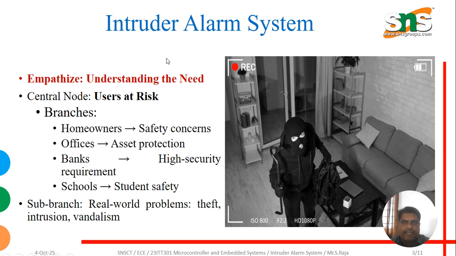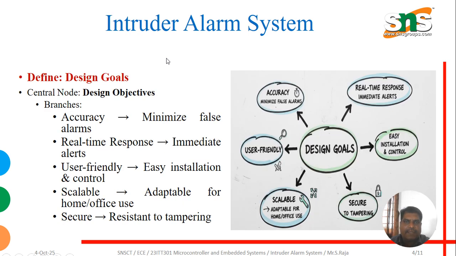Next, once you understand the need, we have to fix our goals. That is given by the define phase. Define means it provides our exact goal for that problem. We need to improve accuracy by minimizing false alarms, and it must be user friendly, usable by uneducated as well as educated people.